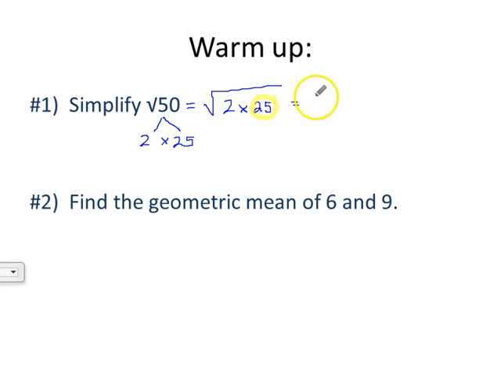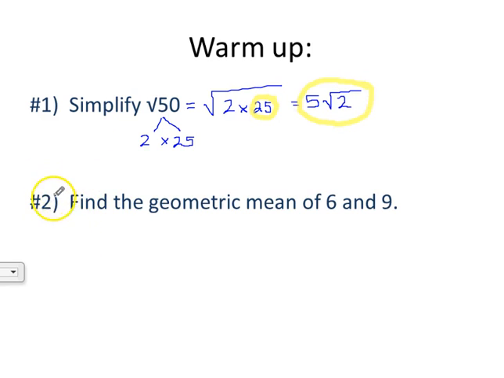The square root of 25 is 5, so that's going to come on the outside of the square root sign because we took the square root of it. And the 2 that was in the square root sign is going to stay there because the square root of 2 is not a perfect square. So we're just going to leave it within the square root sign. And that's it. That's our answer. The square root of 50 reduces to 5 square root 2.